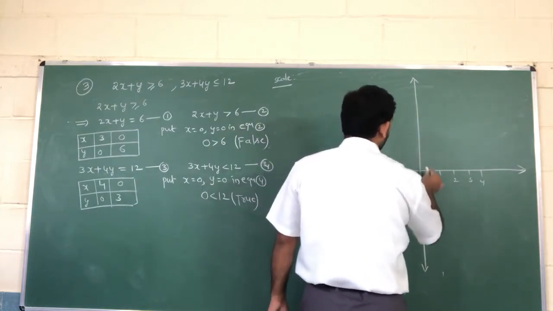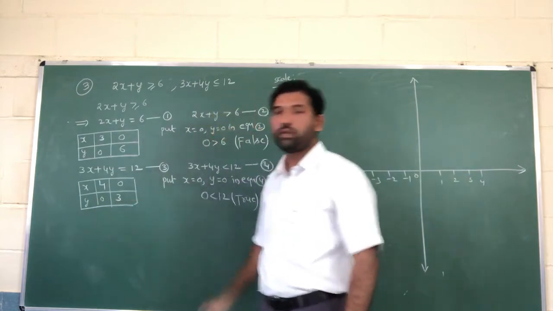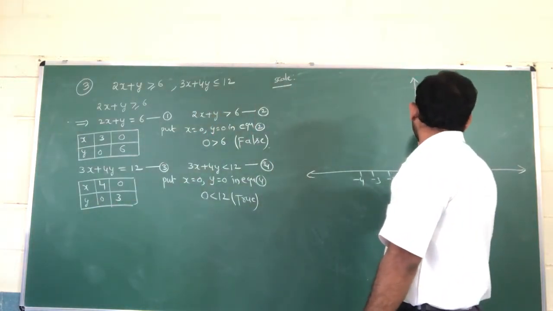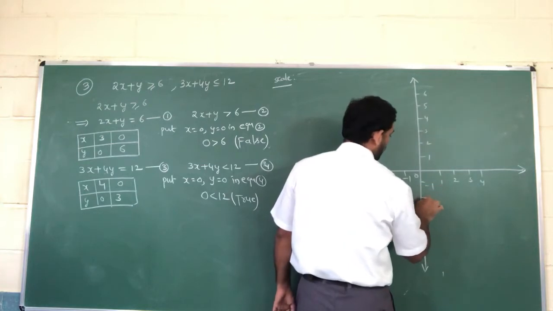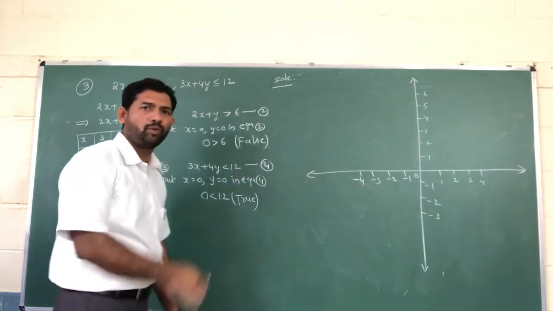This is 0. Next, the y values: y is 6 and 3, maximum 6. So 1, 2, 3, 4, 5, 6, and on the downside also -1, -2, -3. We are not using that, just keep only 3 values.